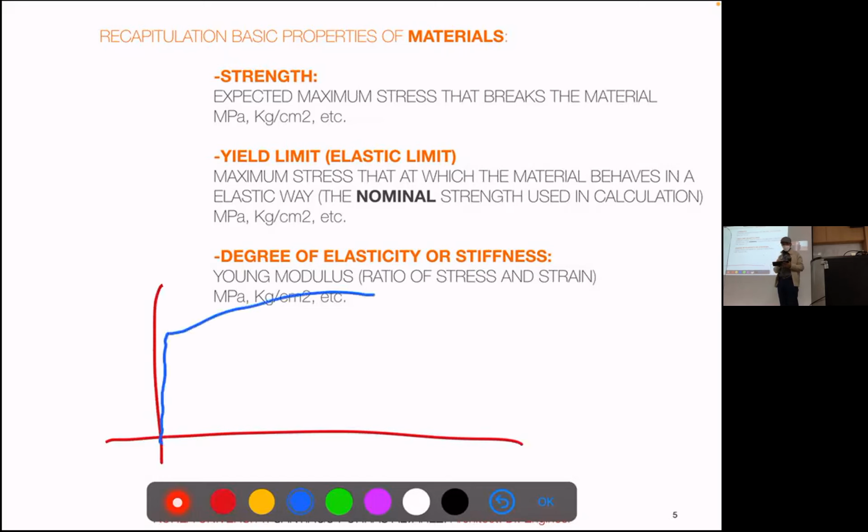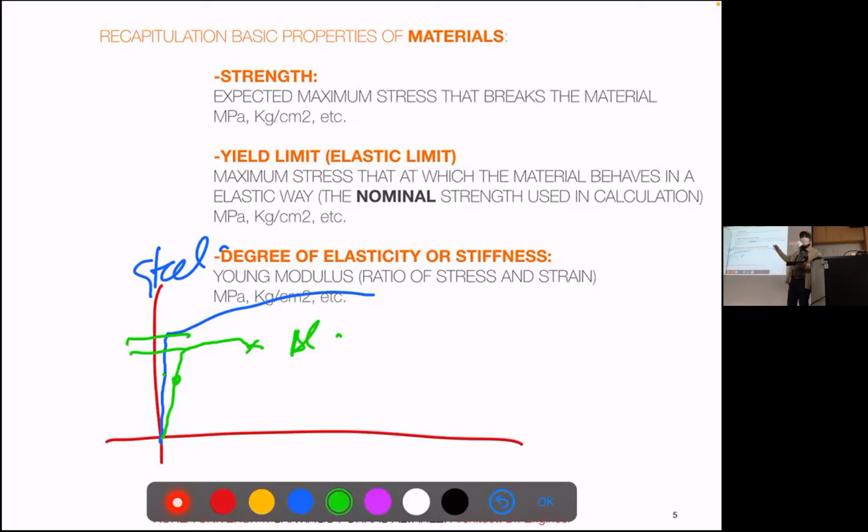Aluminum is like this, and breaks earlier. So it is very close in strength, right? This is aluminum, or some alloy, right? But the deformation will be much more than we could accept in a building. This is why the use is very limited, right? This is the point, and this is why the Young modulus is important.